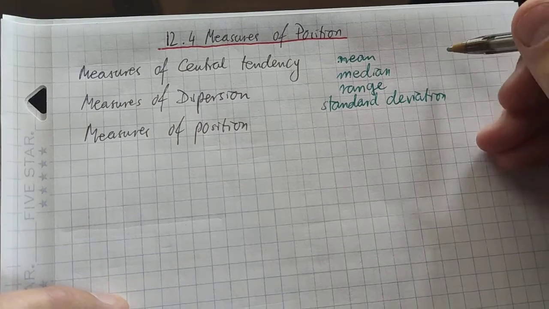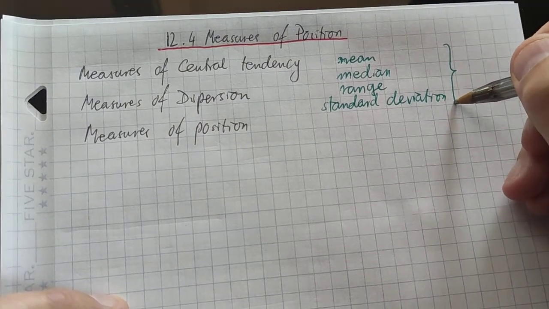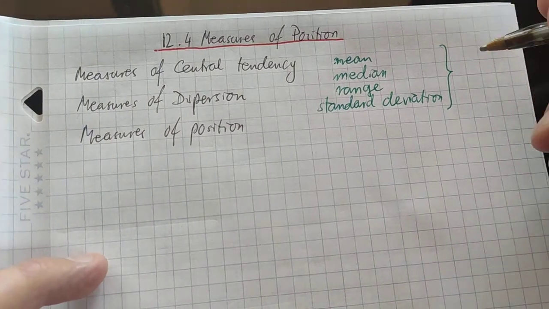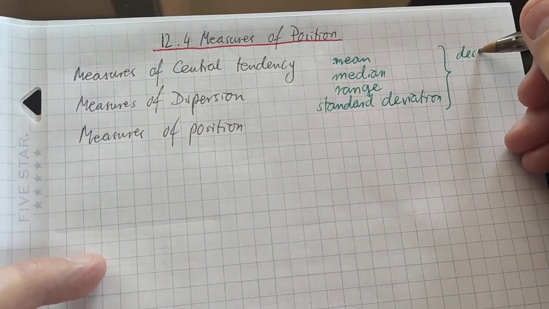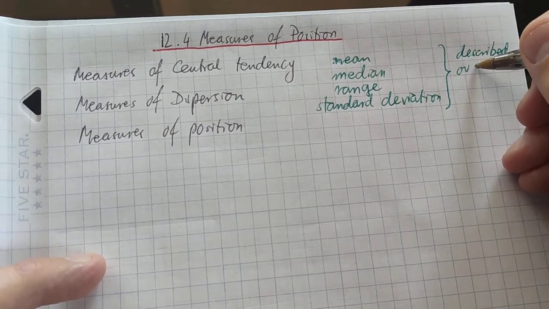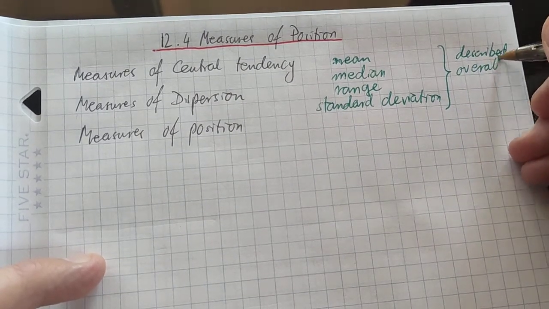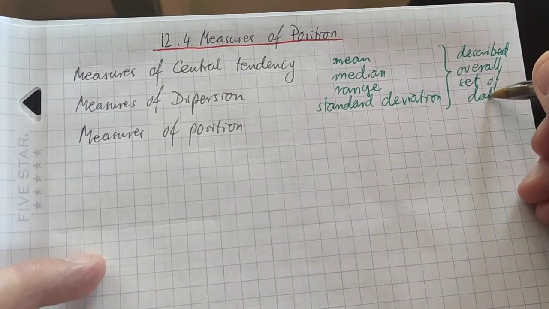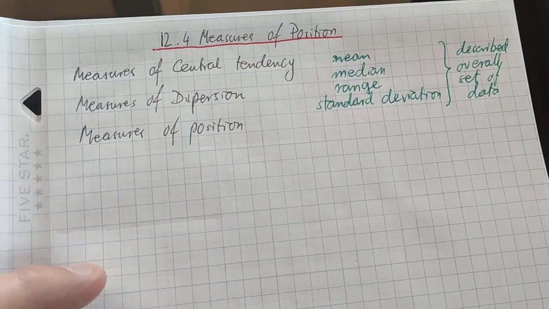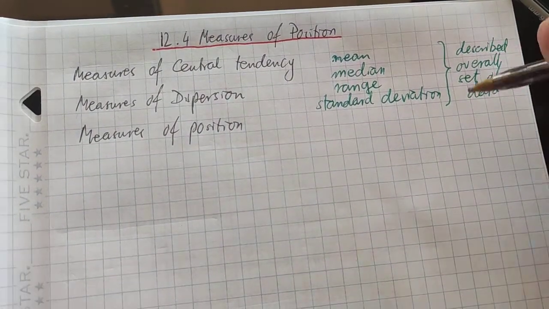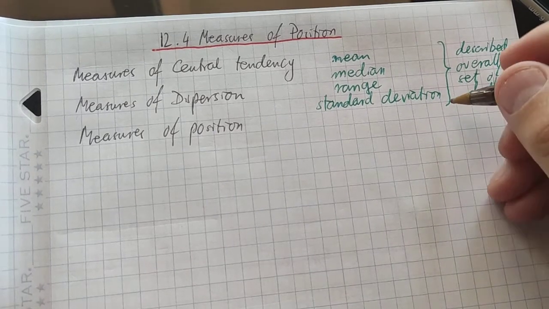All those measures described the overall set of data. Here, measures of position, there will be a couple of those, describe a certain item.